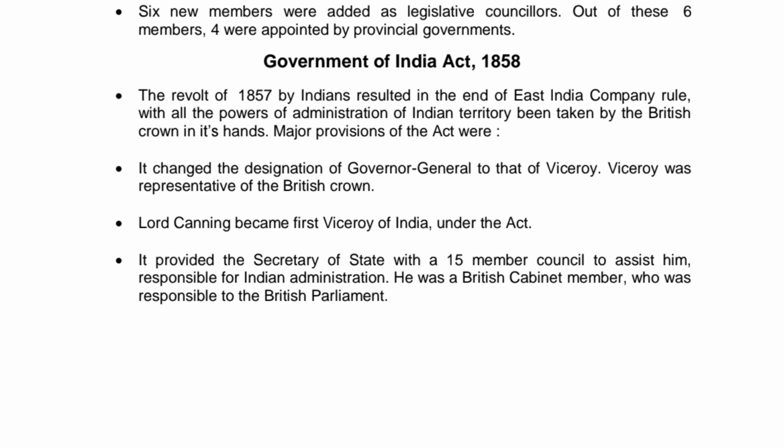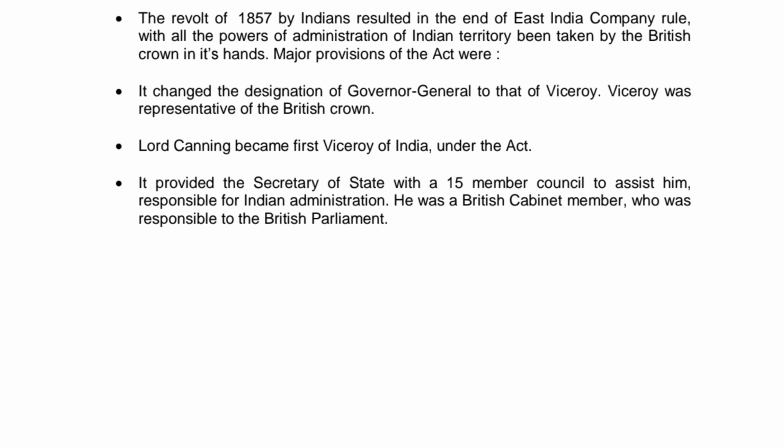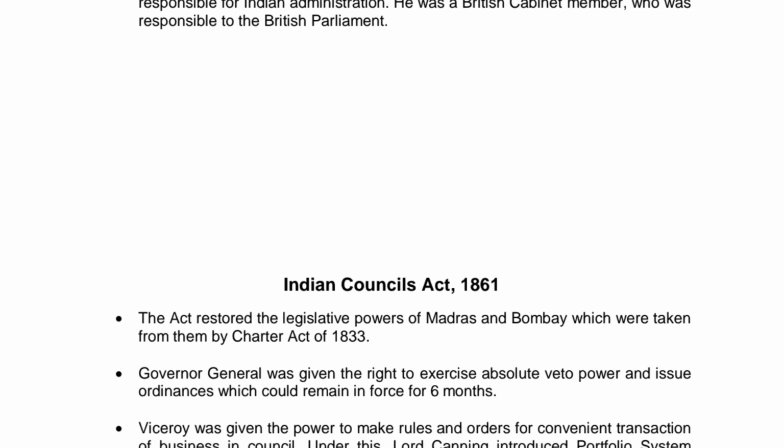The Viceroy was the representative of the British Crown. Lord Canning became the first Viceroy of India under the act. It provided the Secretary of State with a 15-member council to assist him, responsible for Indian administration. He was a British cabinet member who was responsible to the British Parliament.